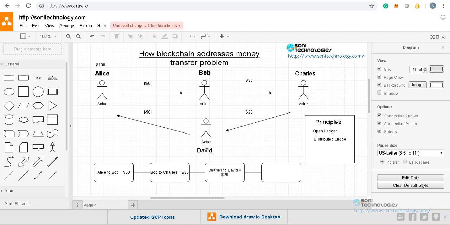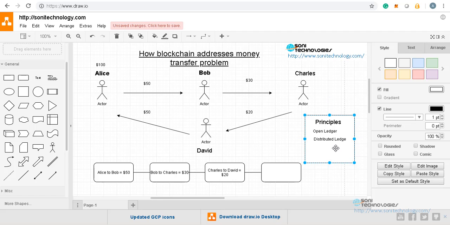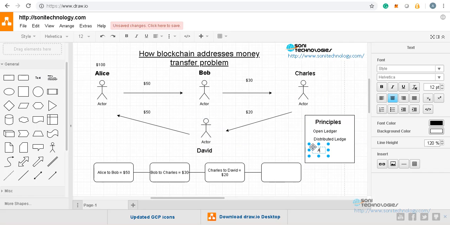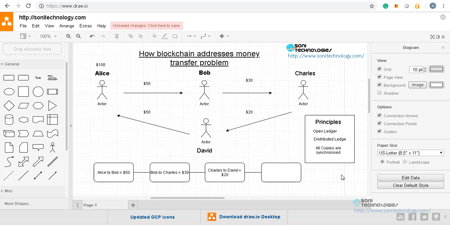So the third principle of the blockchain is that all copies are synchronized. So this is the third principle.